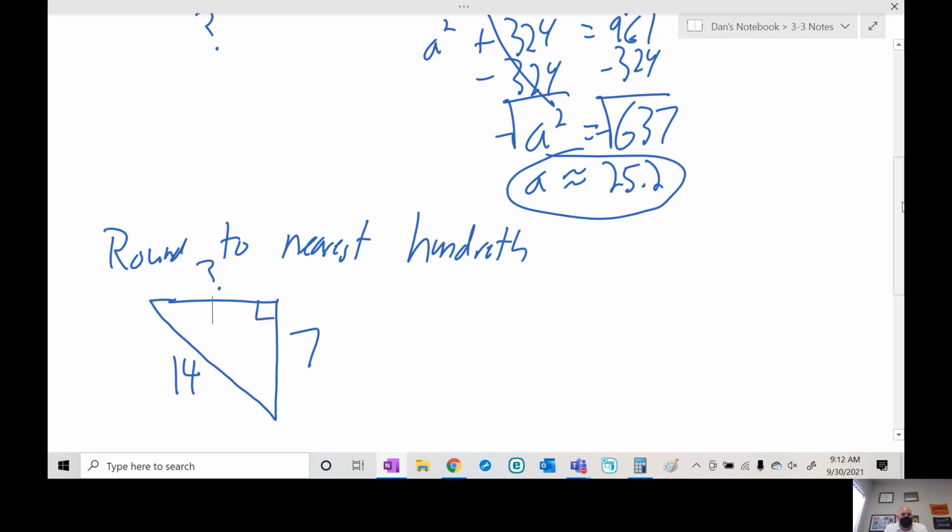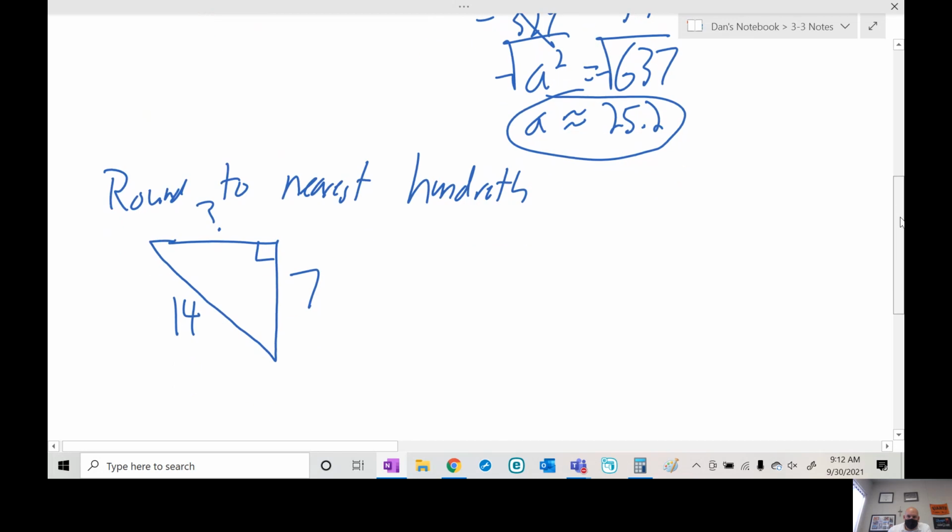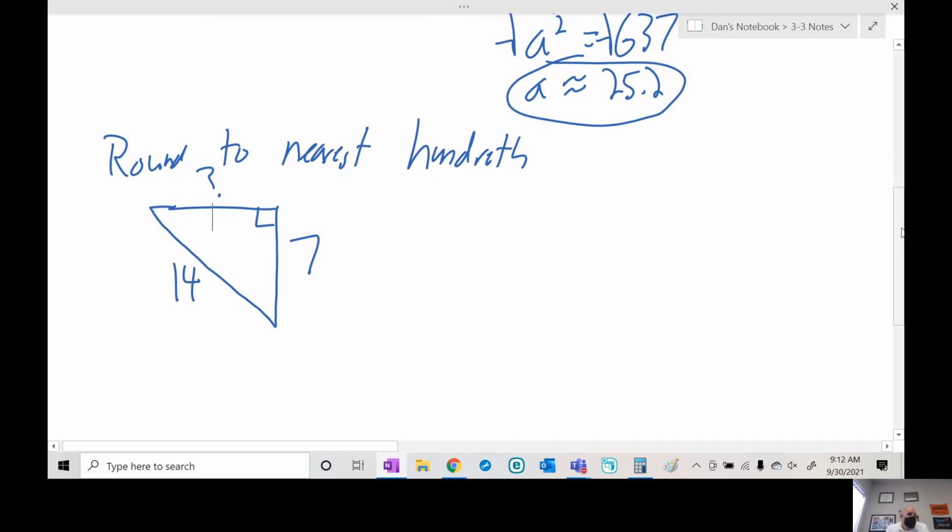It doesn't matter which one. You'll get the same answer either way. And again, we're rounding to the nearest hundredth.